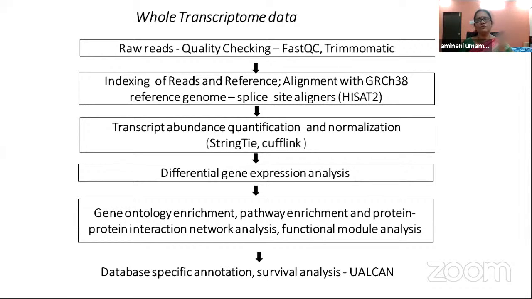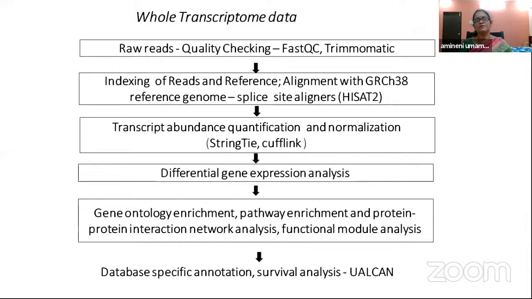In human beings, different tissues are present, and some isozymes are present, like LDH, lactate dehydrogenase. Lactate dehydrogenase behaves differently in liver and differently in brain. So to consider all these things, we have to align with GRCh38.